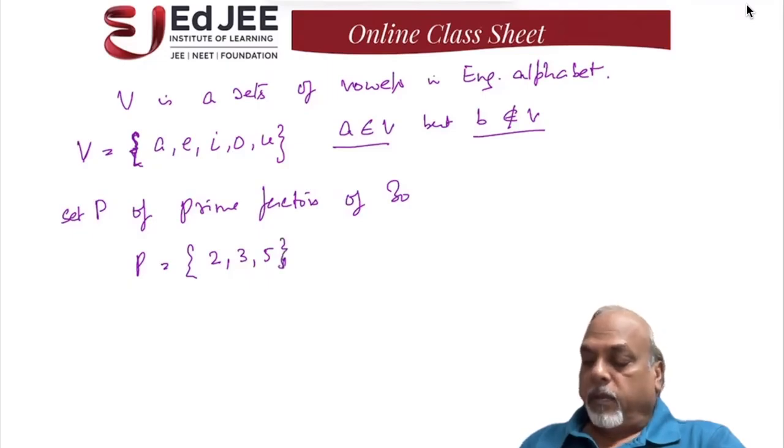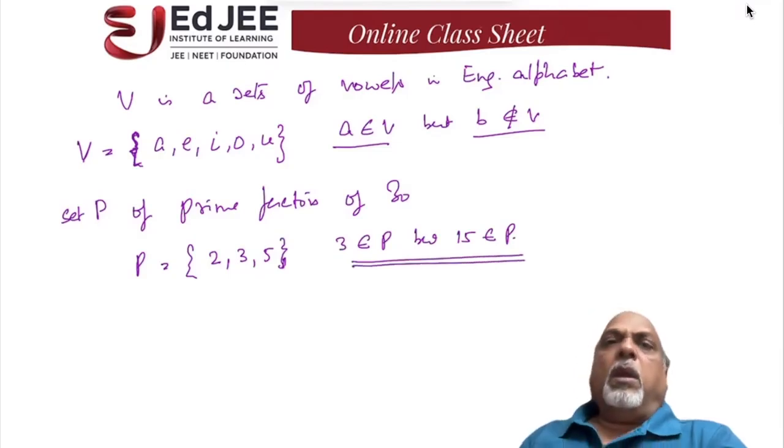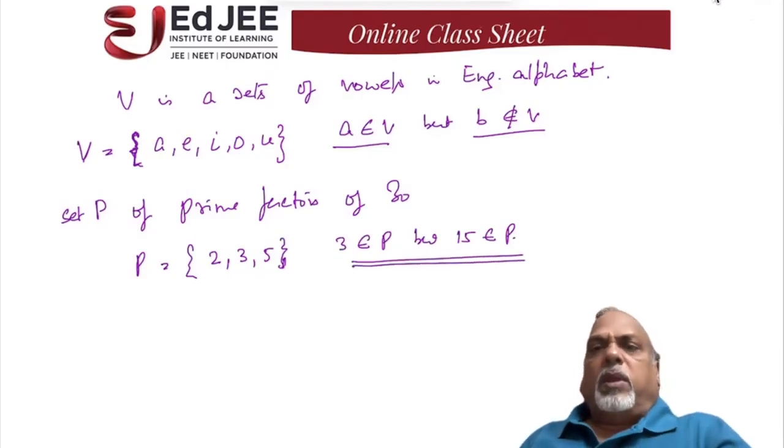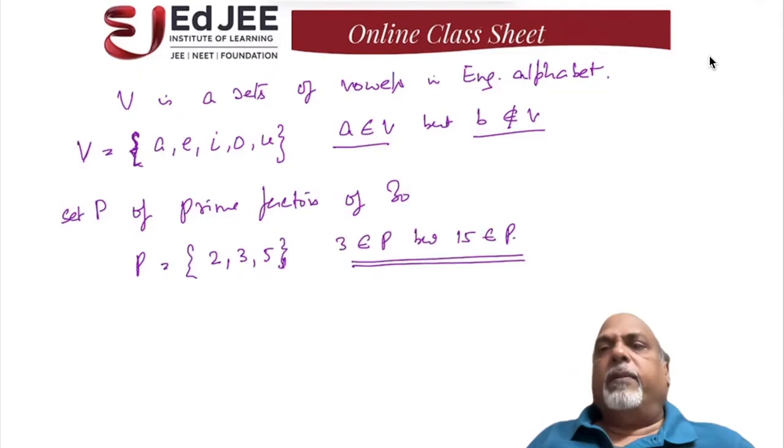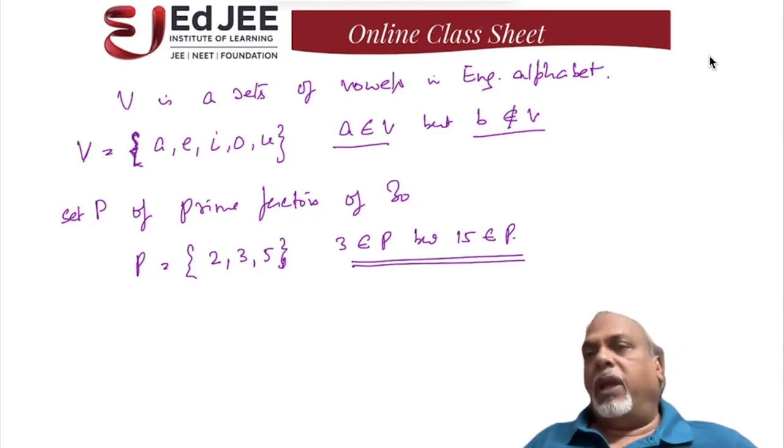That means 3 belongs to P, but 15 does not belong to P. So this is basically how to represent a set, how to represent elements, and how to represent what belongs to the set and what does not belong to the set. Correct?